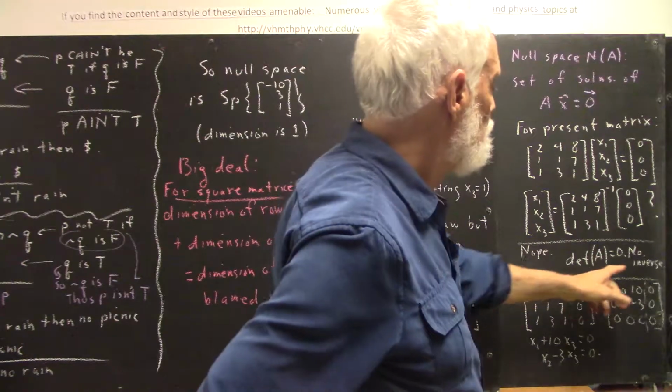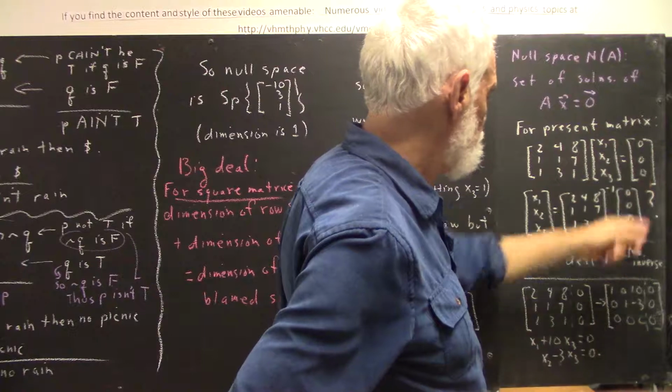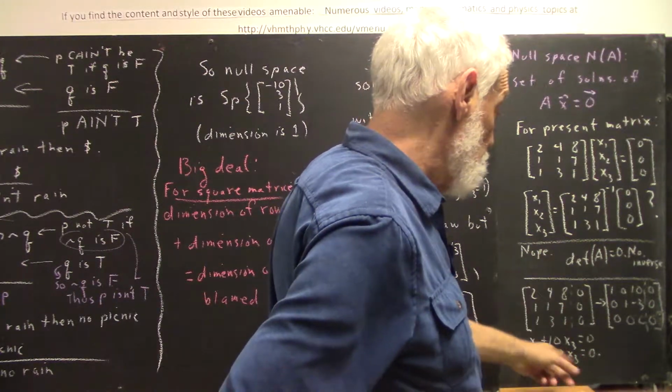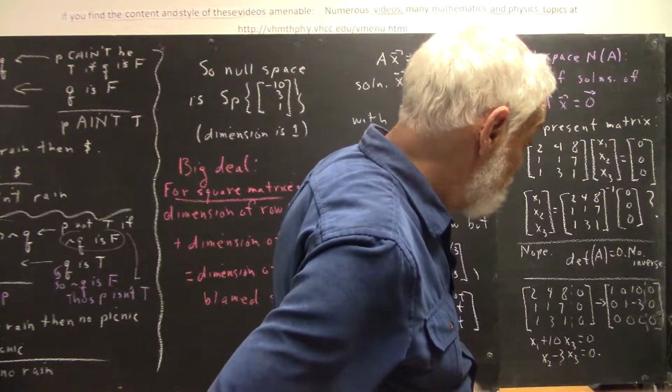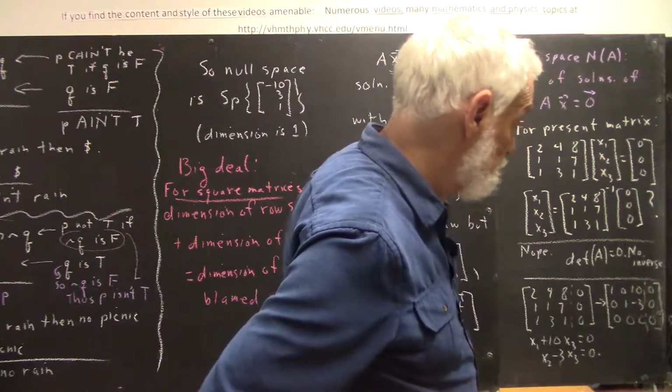Okay, so the determinant of A is 0. There's no inverse, so we can't solve this matrix equation by using the inverse matrix. We have to solve it by reducing the matrix. Well, the 3 by 3 matrix reduces the same as it always did.